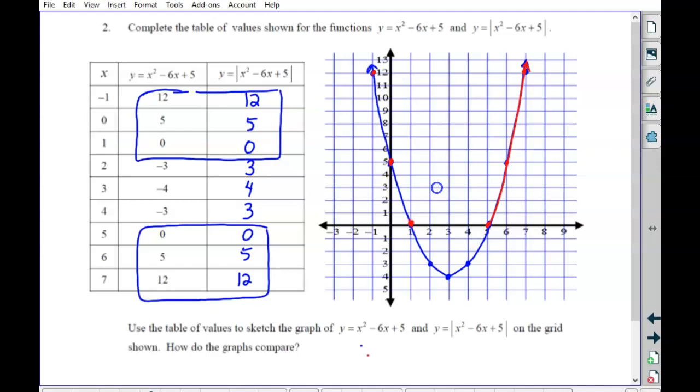These arms don't change. But these have to flip up. So -4 here becomes +4. -3 becomes +3. -3 becomes +3. And every other point in between. So then this looks like that. It kind of looks like a weird W.